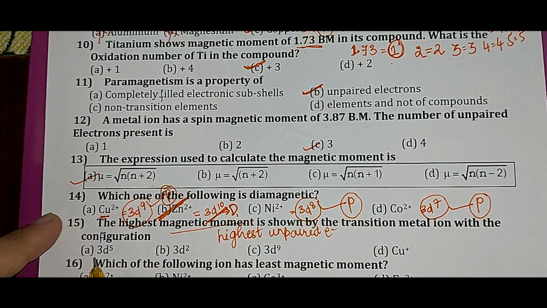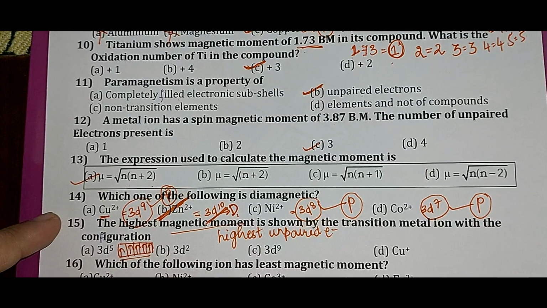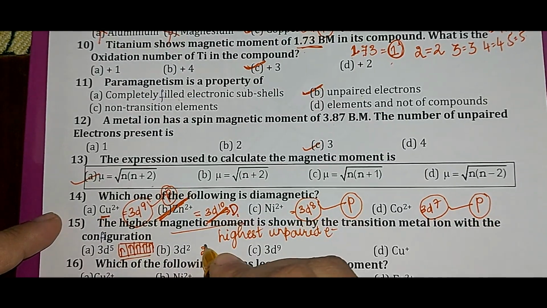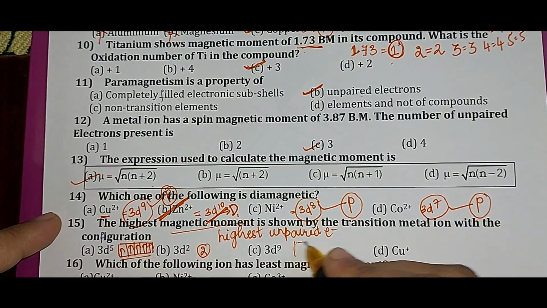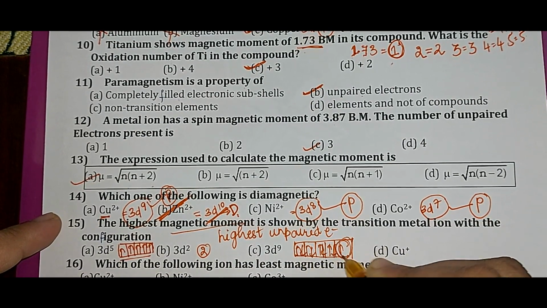So the first one given is 3d5. So d5, we know that d orbital we can represent it by 5 boxes. According to Hund's rule, they should be singly filled first, so all the 5 electrons are unpaired. 3d2 means 2 electrons are unpaired. 3d9: now when we consider 3d9 configuration, 1, 2, 3, 4, 5, 6, 7, 8, 9, 1 electron is unpaired.